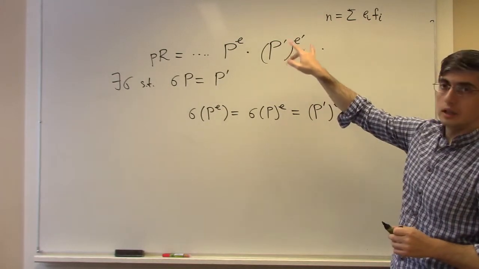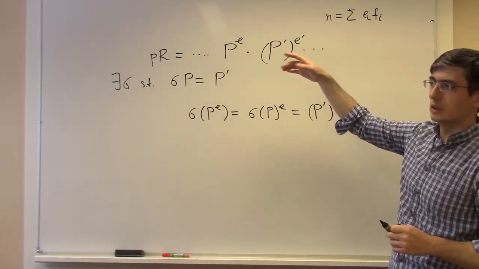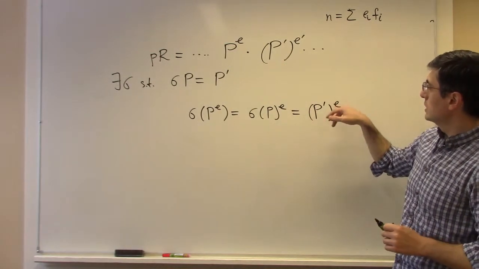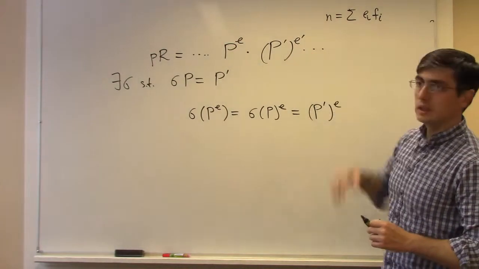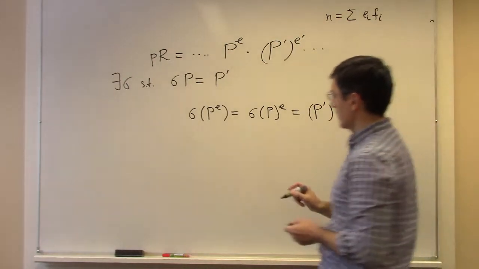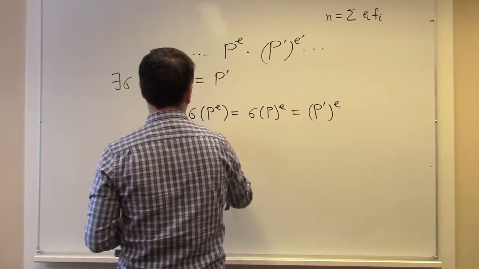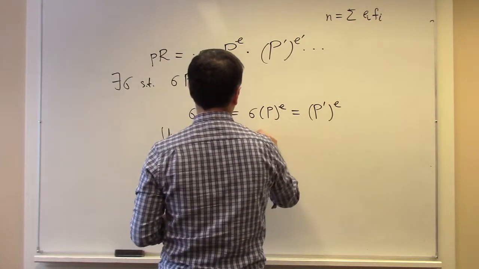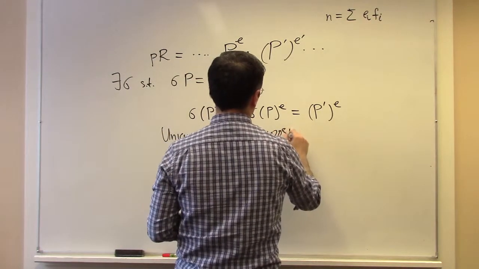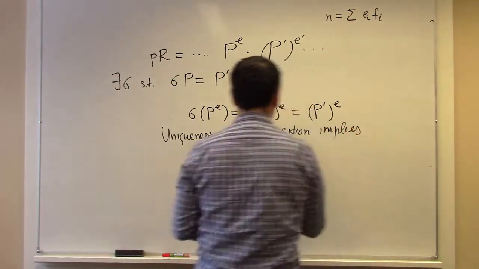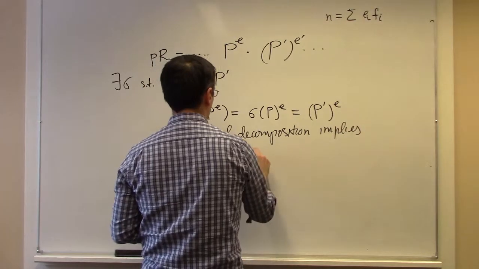On the other hand, the decomposition into prime ideals is unique, which means that this E has to be this E prime. This implies E is equal to E prime.